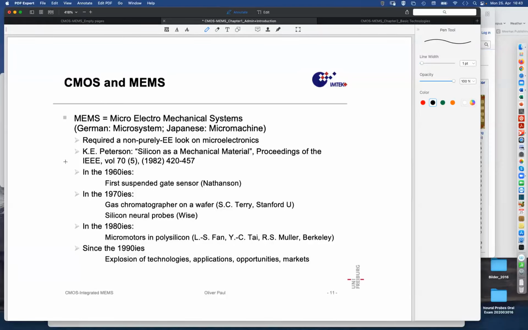So in the 60s, there was a very first paper that said, okay, I could actually, and I can draw this. I'm sure you have seen the cross section through a field effect transistor. I draw that in many lectures. So here we have a gate, which has a potential.